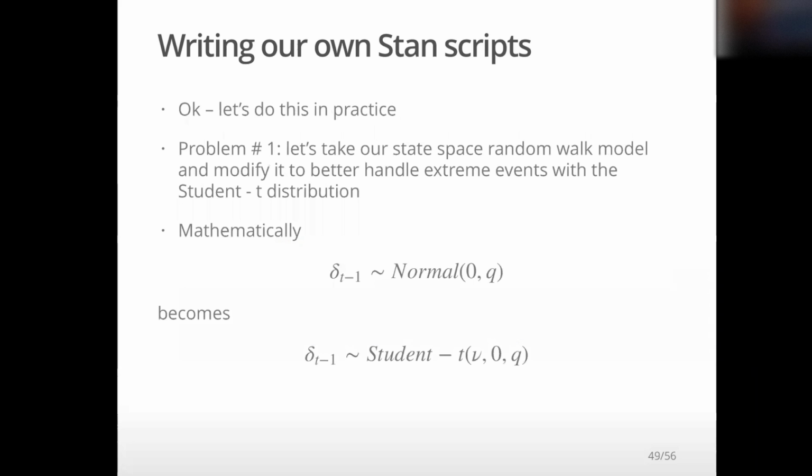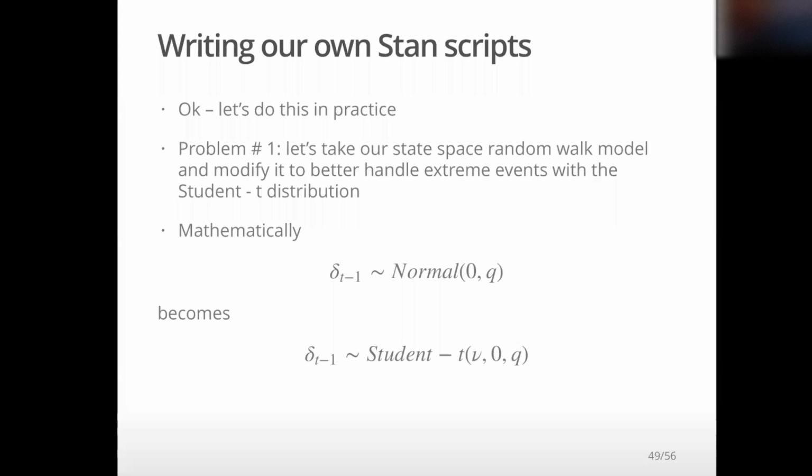Okay, so just finally before we wrap up, the example I wanted to walk through is doing this in practice and showing how we could take one of the scripts we've written for the class and tweak it slightly to include extreme events.